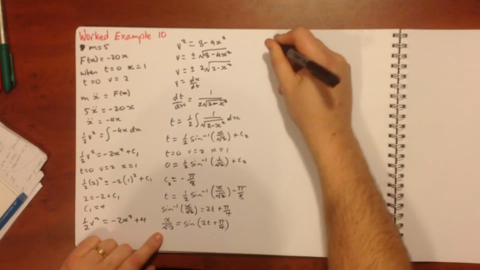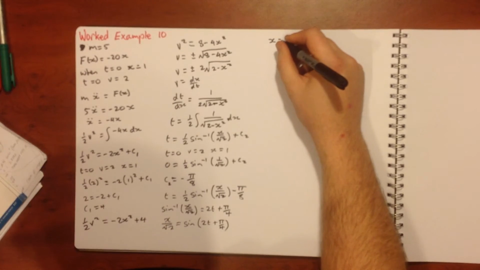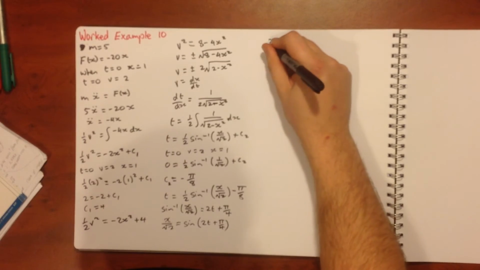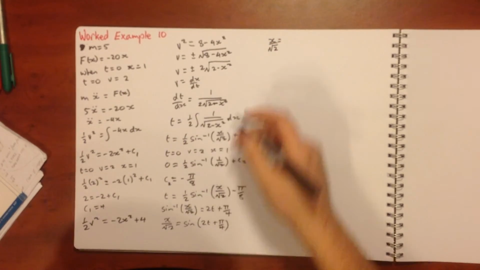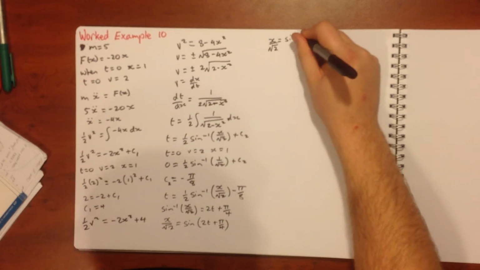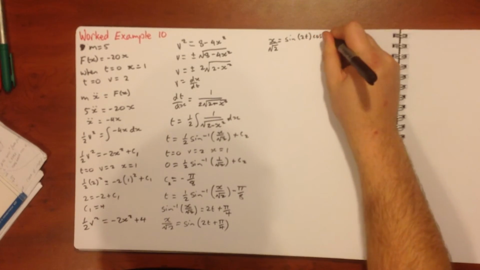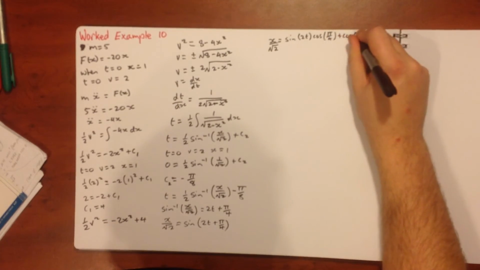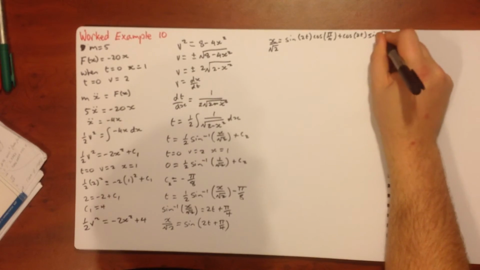I'm just going to come up here, and we get our x equals, what they're doing here is we've got x on root 2. We're using some of the formulas that we know, and we're saying that sine of 2t cos of pi on 4, plus cos of 2t sine of pi on 4.